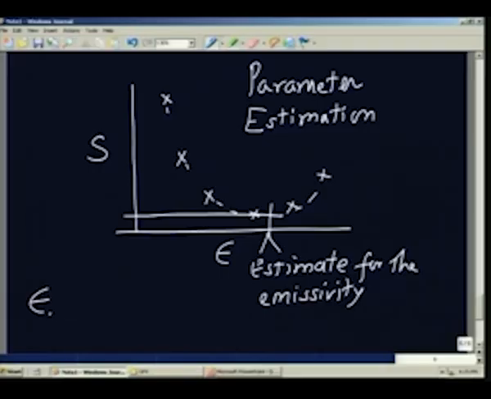That means I can say epsilon estimated is equal to epsilon true plus or minus something like 0.01. That is possible if you do the experiment carefully, take the data and do the least squares analysis. So, this is one way of doing the emissivity measurement, and here you see that we are using a transient method.